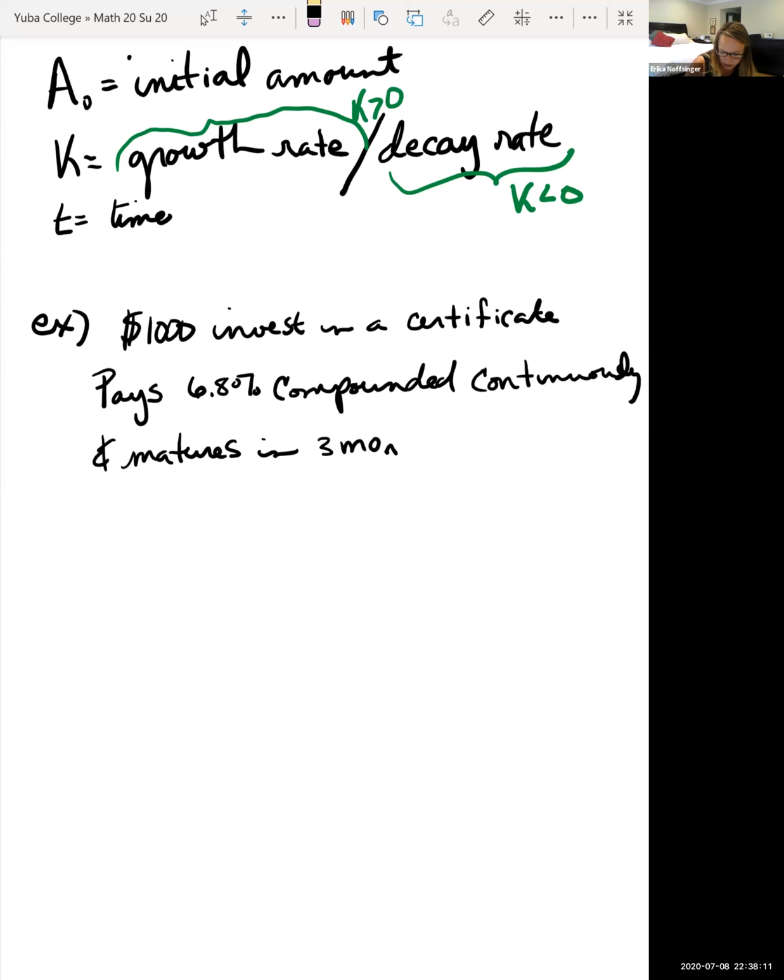Right there, questions go up in my head: what does that mean, matures in 3 months? Does that mean that's as long as she can keep it in there, and then after those 3 months she just takes what she has? I might have to go back and see if the book talks about that. But I also noticed that with this piece of information I can set up an equation. It's cluing me in that she's doing this compounded continuously, and it matures in 3 months.